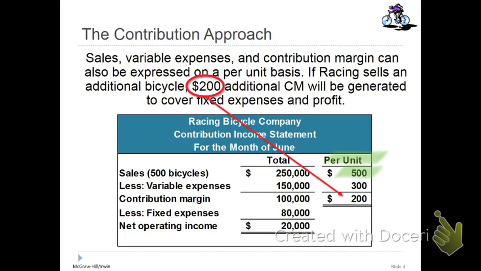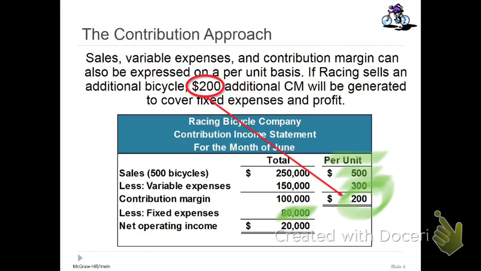In this case, they're selling the bikes for $500 each. The variable expenses are $300, so the contribution margin is $200. That means that once they have covered their fixed expenses, every additional unit generates $200 in pure profit.